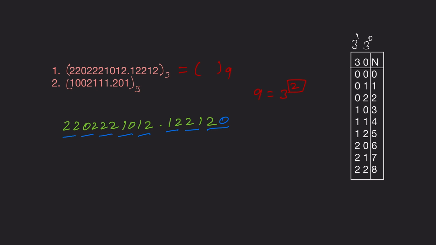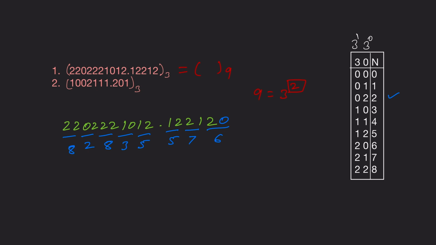According to this table, write the corresponding digit. 2 0 is 6, so write 6. 2 1 is 7, 1 2 is 5, 1 2 is 5, 1 0 is 3, 2 2 is 8, 0 2 is 2, and 2 2 is 8.